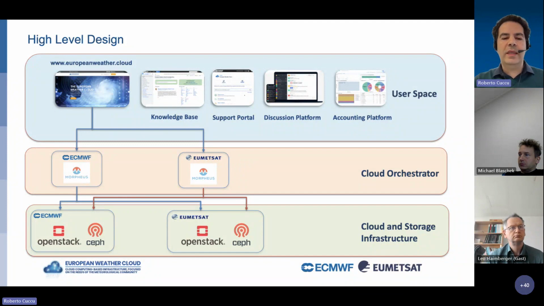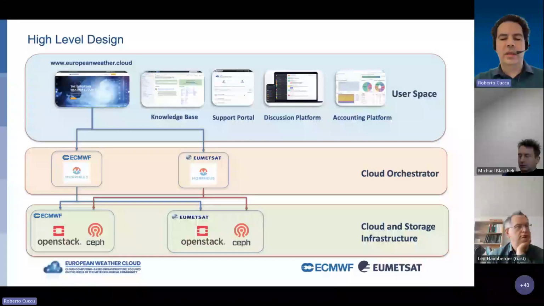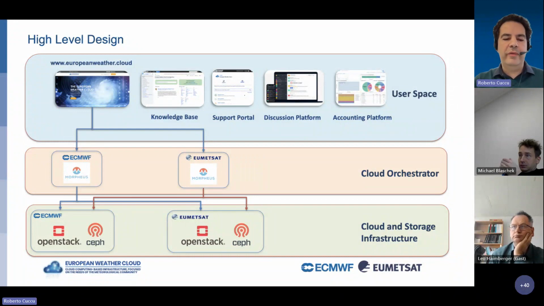We have one instance of Morpheus running at ECMWF and one at EUMETSAT, and from both of them it's possible to control resources deployed in that interconnected cloud. Also in this case, we have one cloud infrastructure running at ECMWF and one at EUMETSAT, and both of them are based on OpenStack and Ceph technologies.